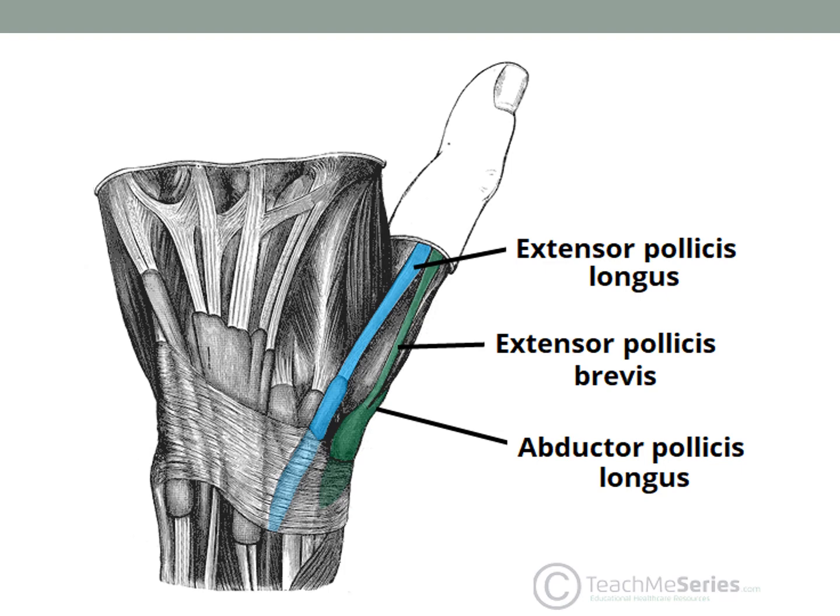Here is another angle on the extensor pollicis longus and brevis. The longus is in the blue, and the brevis is in the green, along with the abductor pollicis longus, which attaches at a different point.